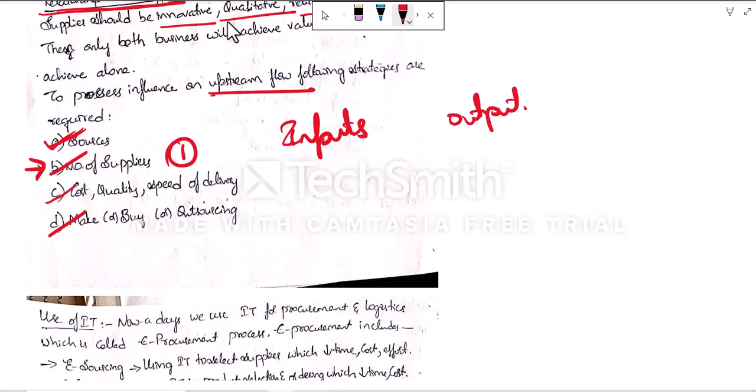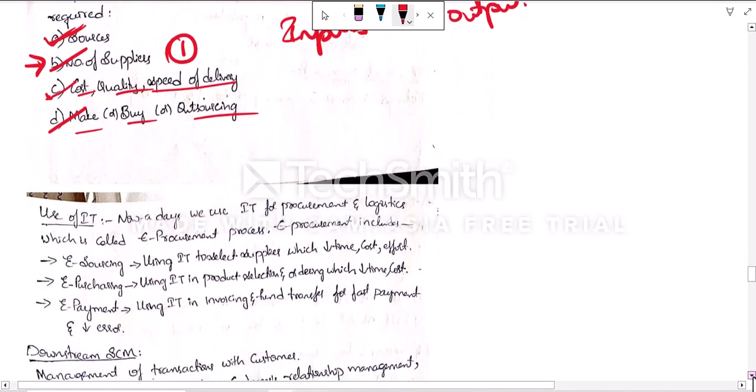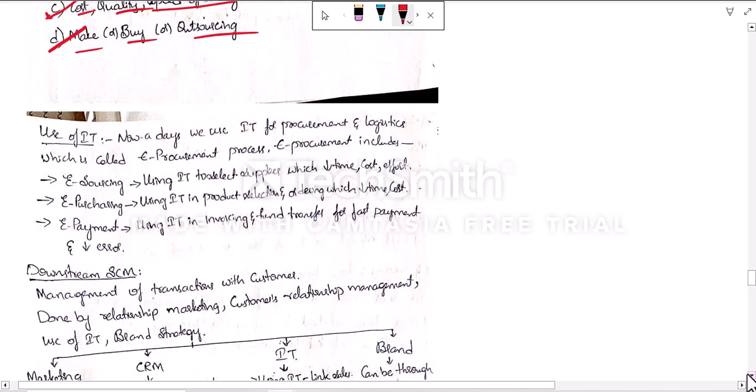But care should be taken that the supplier is reliable, and we should take care regarding the cost, quality, and speed of delivery, and make or buy or outsourcing. So we should decide which product or what input can be outsourced.